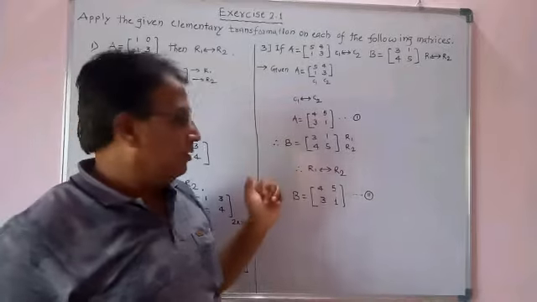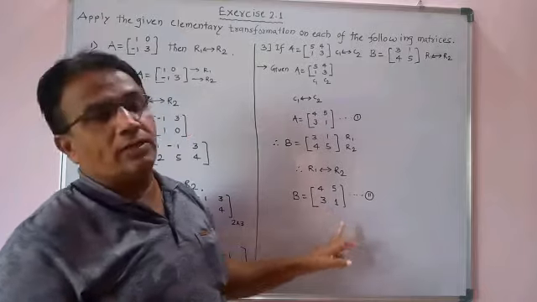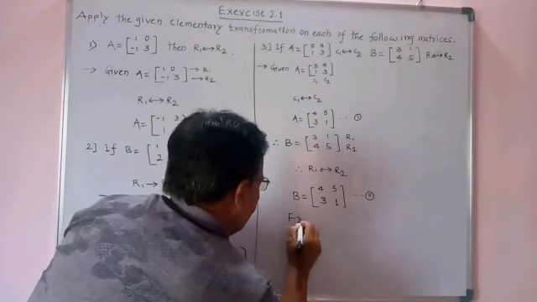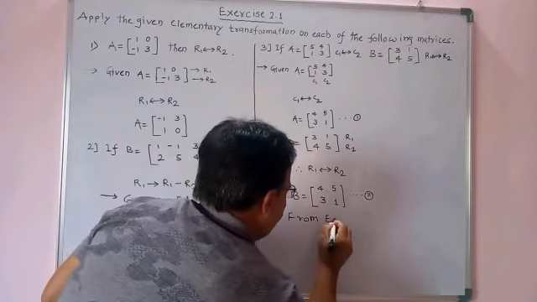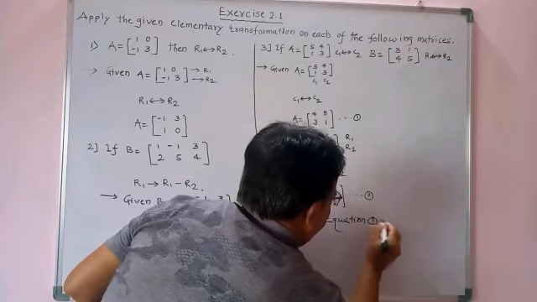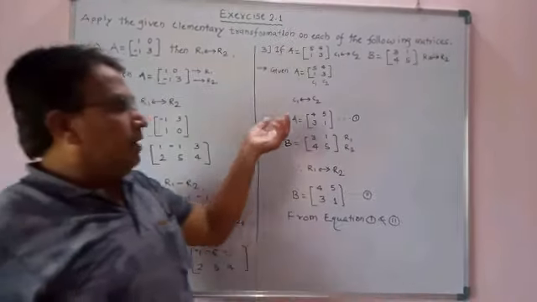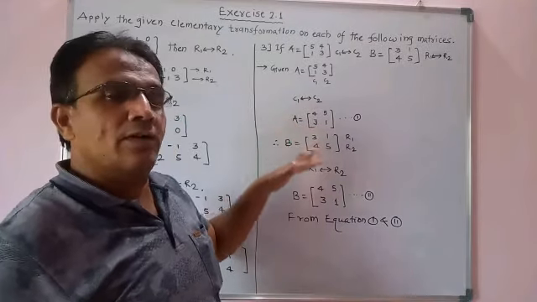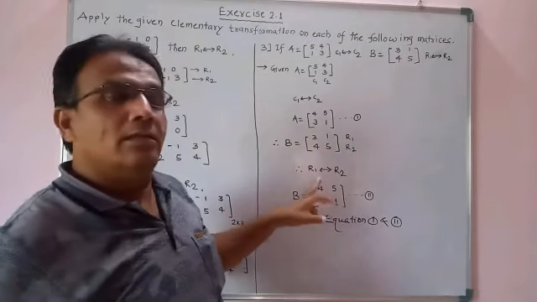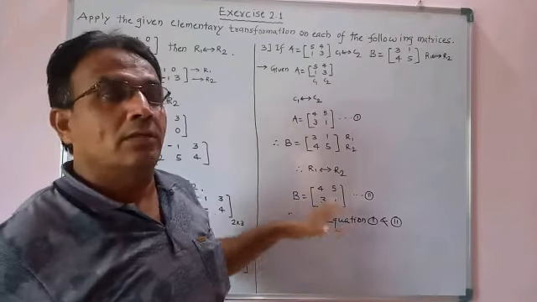From equation second, we observe the new matrix B is [4, 5; 3, 1]. Both are square matrices with 2 rows and 2 columns.